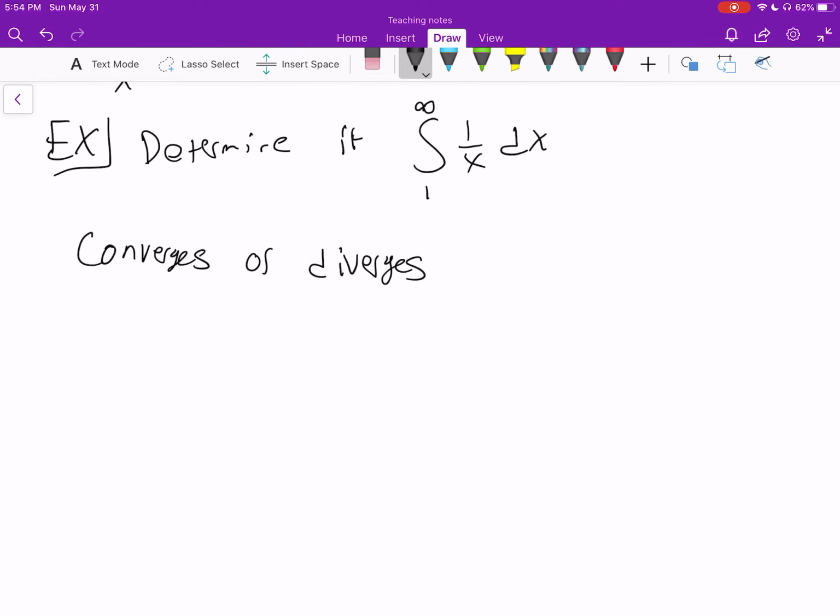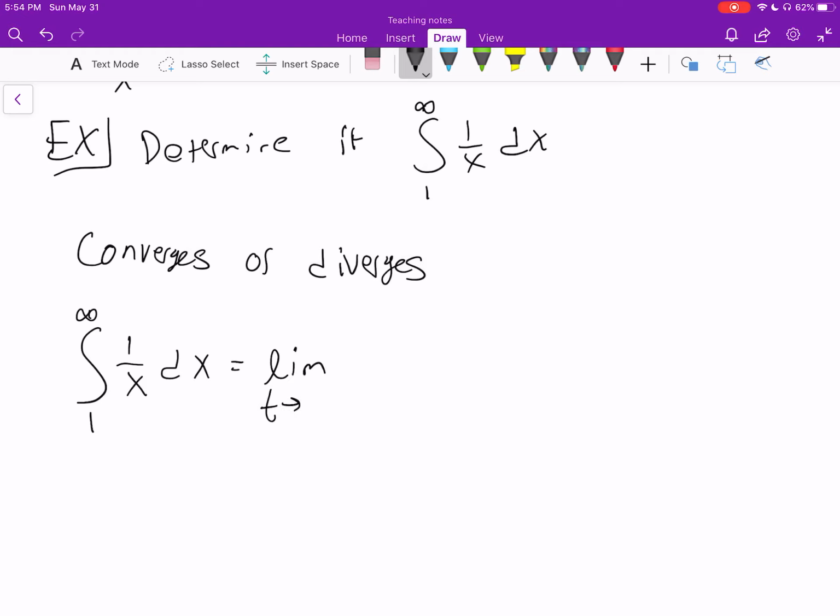Okay, so in order to do that, we're just going to jump in and try to evaluate it. So we have the integral from 1 to infinity, 1 over x dx. And again, I know a lot of you would want to just at this point jump to the antiderivative evaluated at 1 to infinity. You can't do that. We have to think about this as a limit.